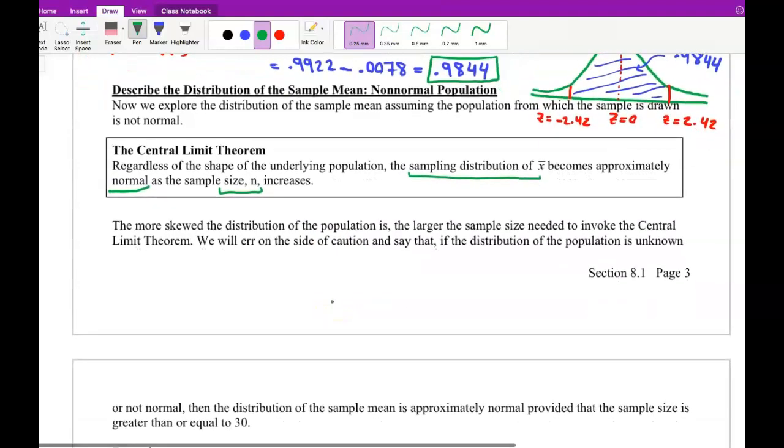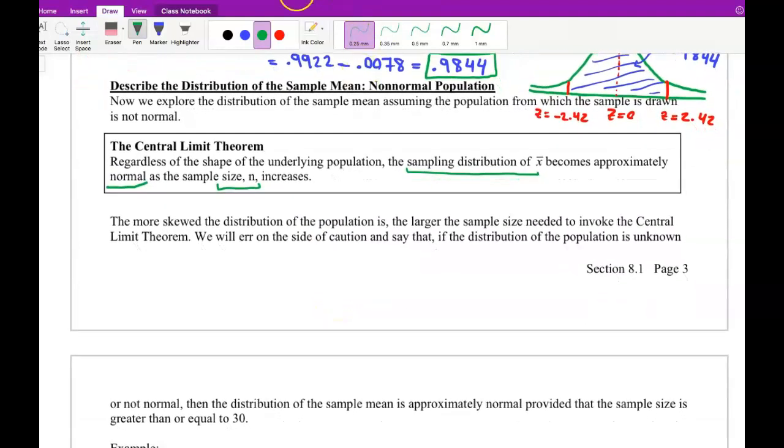Okay, so I want to add something here on this part. To be normal, one, we should have the original population normal.